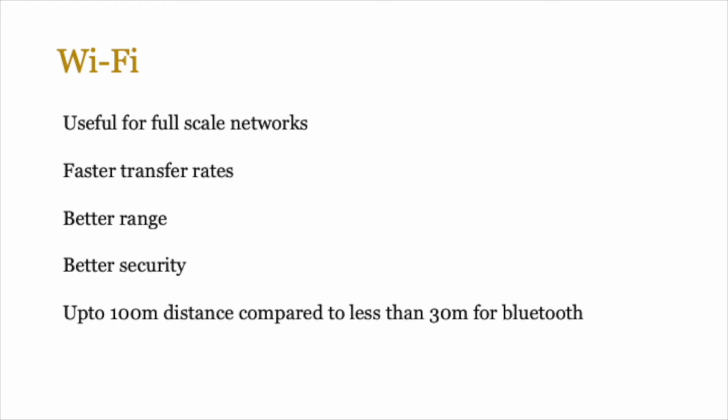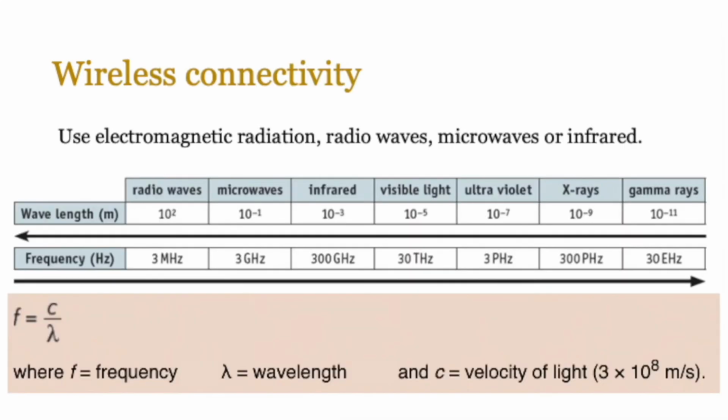And similarly, Wi-Fi is also increasing its range as technology improves. Now, wireless connectivity normally uses electromagnetic radiation. Things like radio waves, microwaves, or infrared are also part of this spectrum. Even though you don't need to do any calculations, it's useful to understand what the spectrum and the relationship between wavelength and frequency is about.